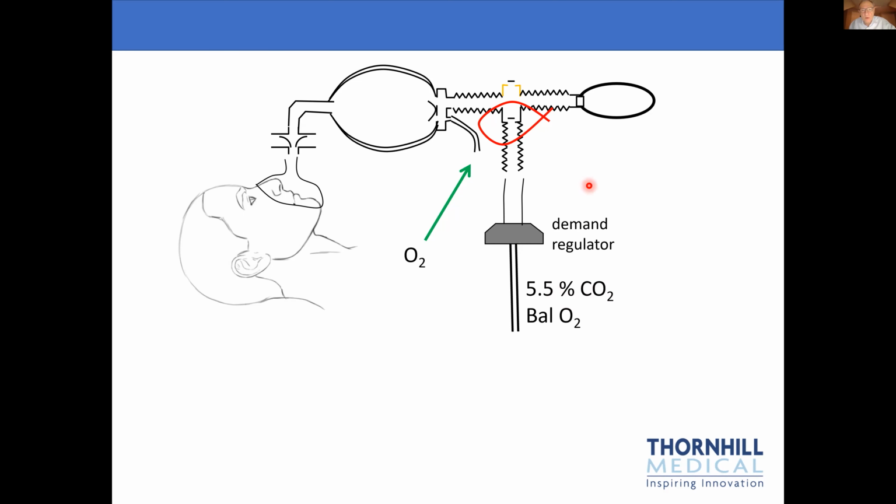If I give the oxygen and I hyperventilate, and I exceed my oxygen flow, this bag will collapse, and the balance of the flow will be this 5.5% carbon dioxide, which has a PCO2 of 40, the same as mine. So I shouldn't get any more drop in my PCO2.